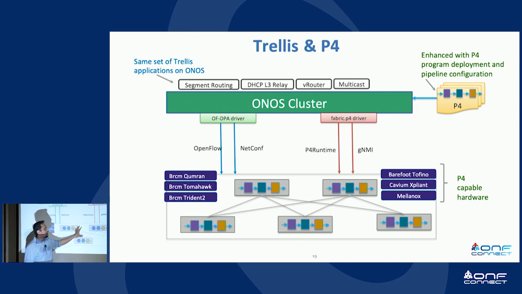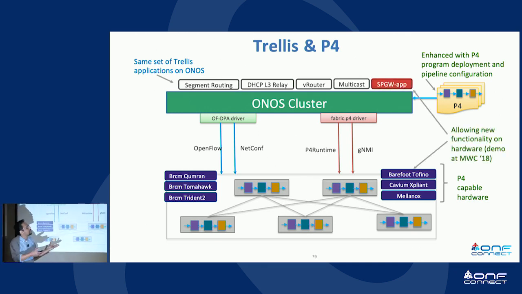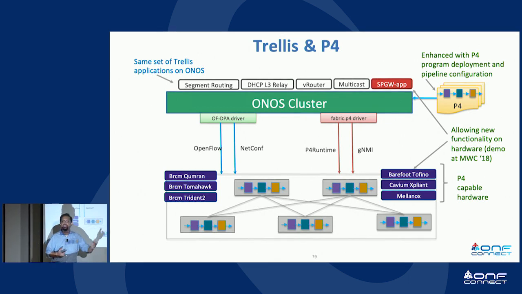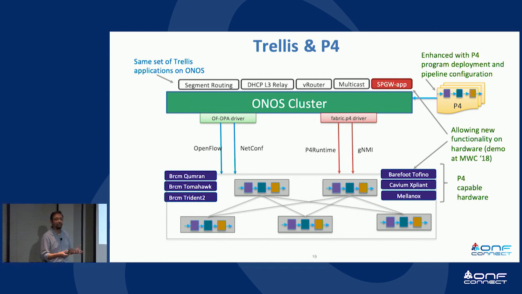But in addition to that, I can have the ability, for example, to implement a functionality that is needed for an SPGW. So I need to be able to, say, encapsulate and decapsulate GTP tunnels that are coming from mobile subscribers, right?